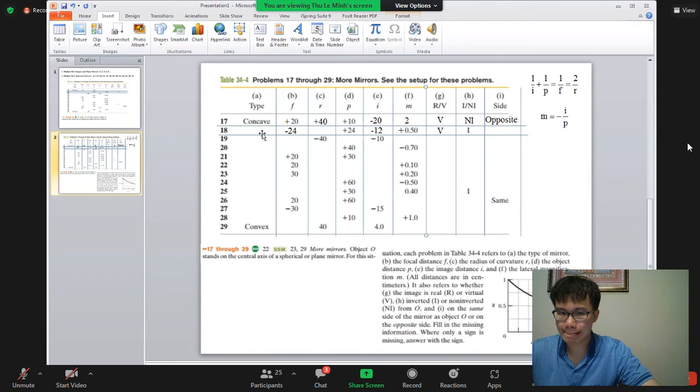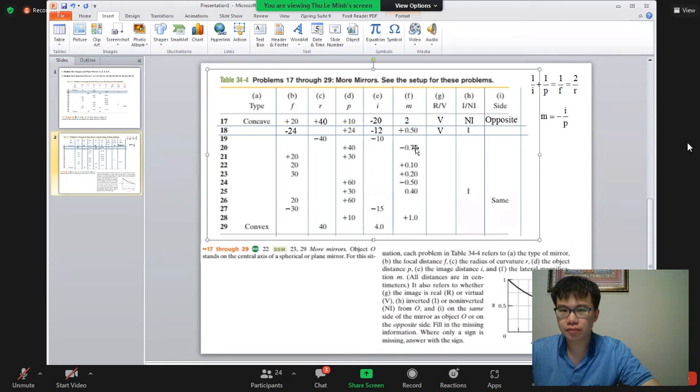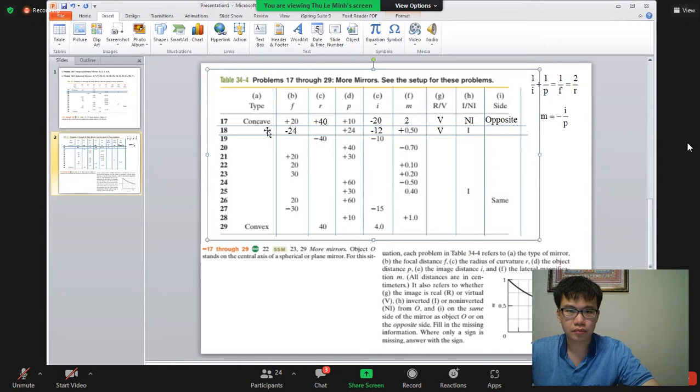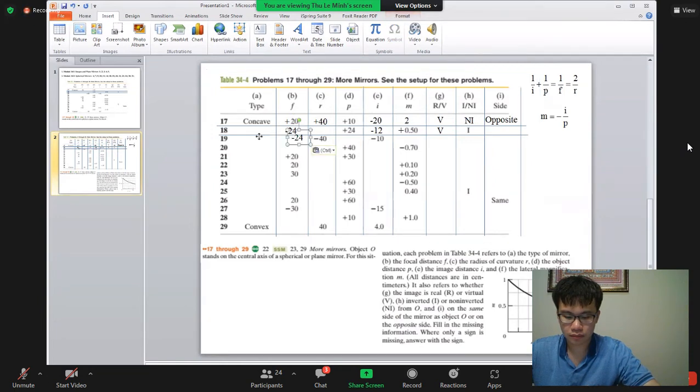But if the lateral magnification is positive and smaller than 1, the mirror should be convex, right? Yes.